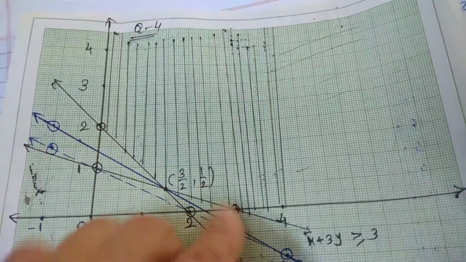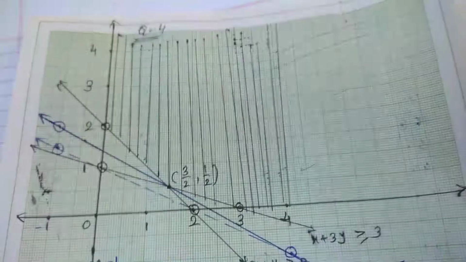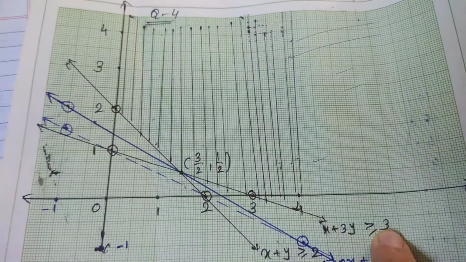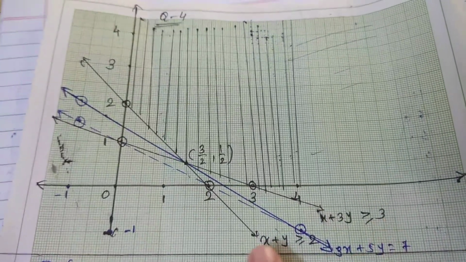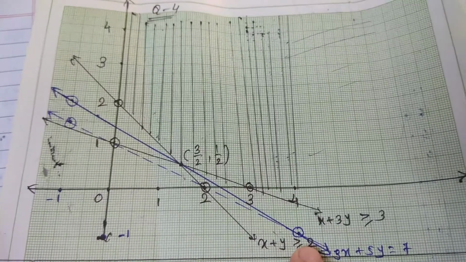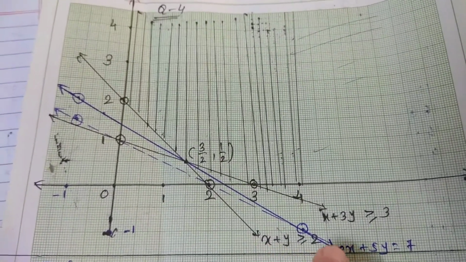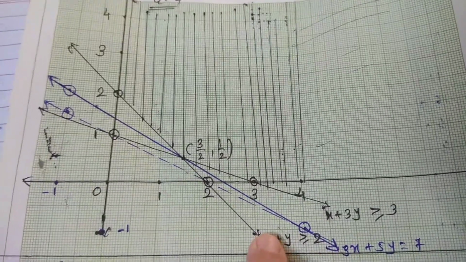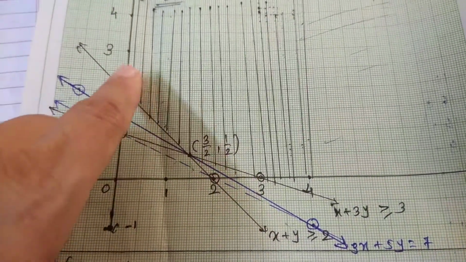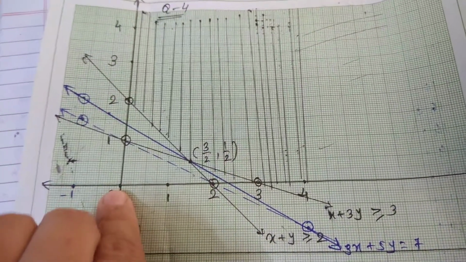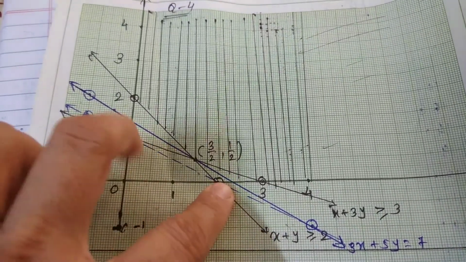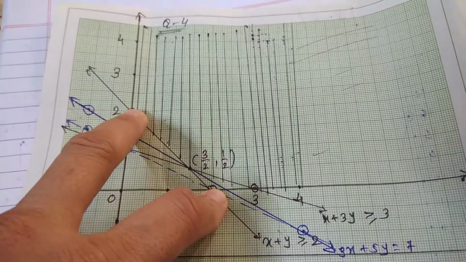So this is the line and its upper region is the solution for x + 3y ≥ 3. Now the second line, x + y ≥ 2. First we plot the line x + y = 2. For this, x = 0 gives y = 2, and y = 0 gives x = 2.